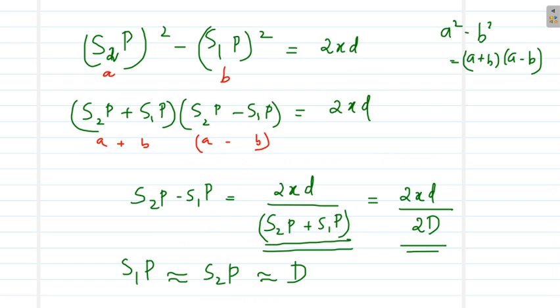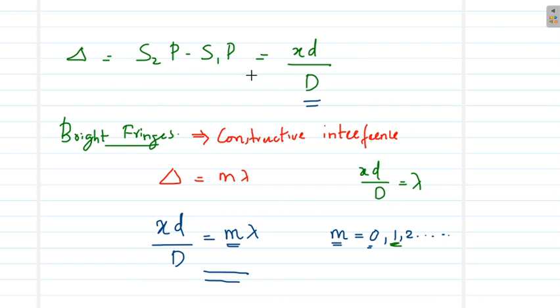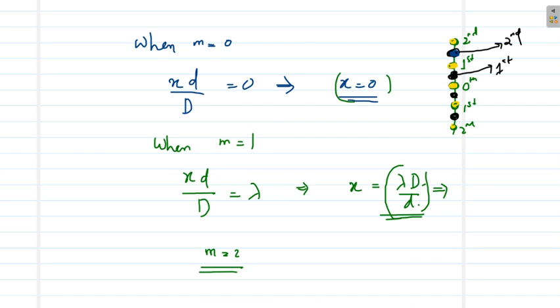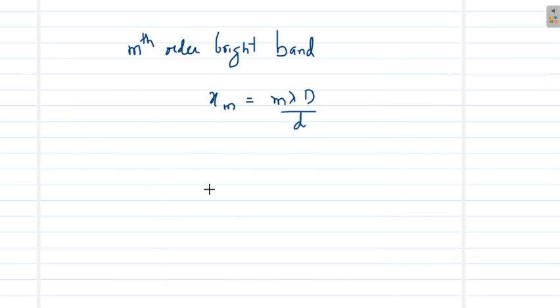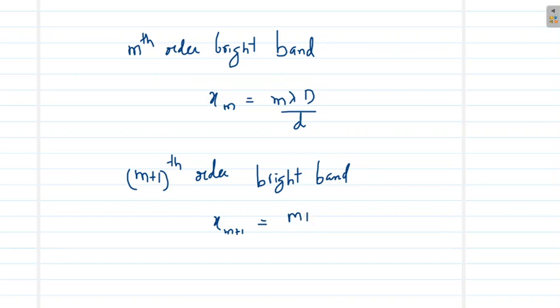For a bright band, x d by d is equal to m lambda, or x is equal to m lambda d by d. That is the position of the mth order bright band. Then what will be the position of the (m plus 1)th order bright band? It will happen at the position xm plus 1 is equal to (m plus 1) into lambda d by d.